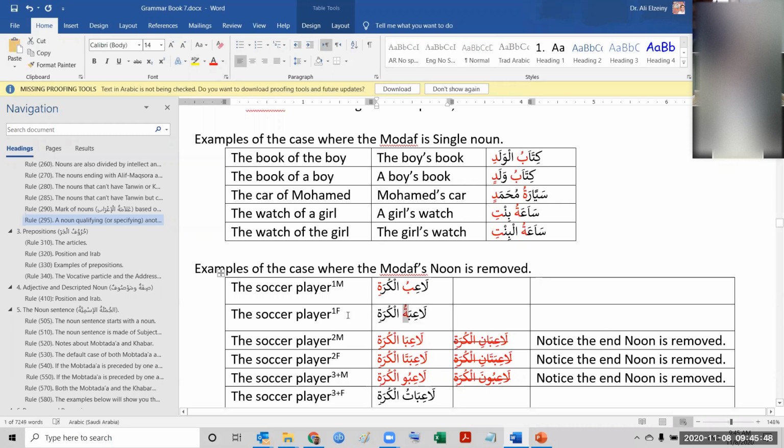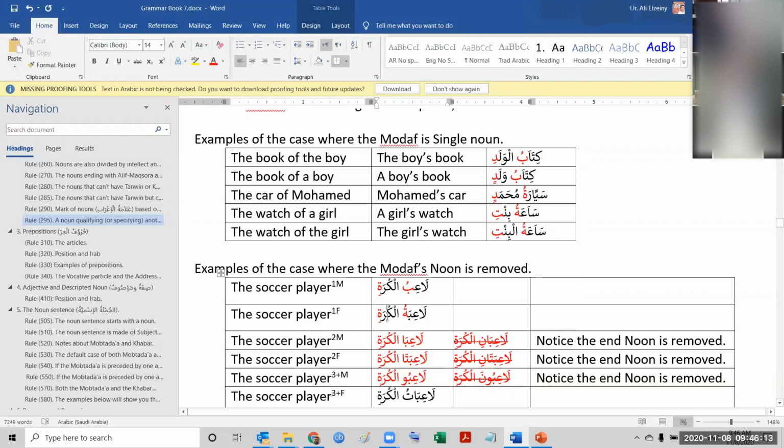Here, if you want to make it one female, then instead of la'ib, we add ta'anith, it becomes la'ibatu. And then the mudaf ilayh, or the second noun, is always majrur.